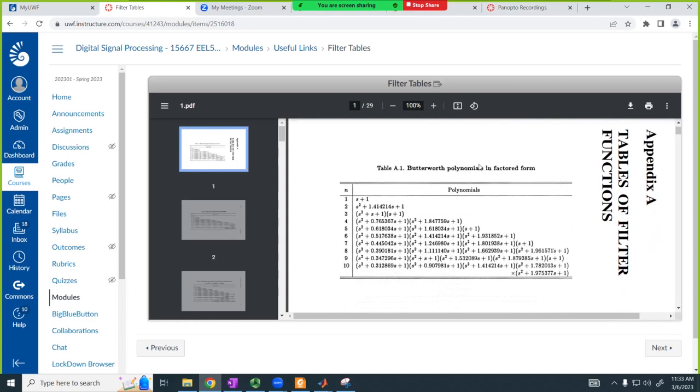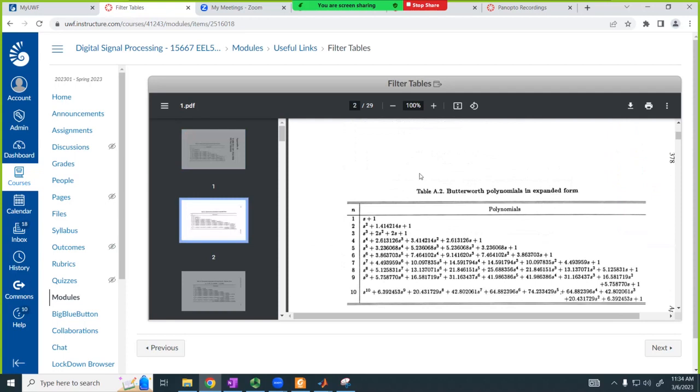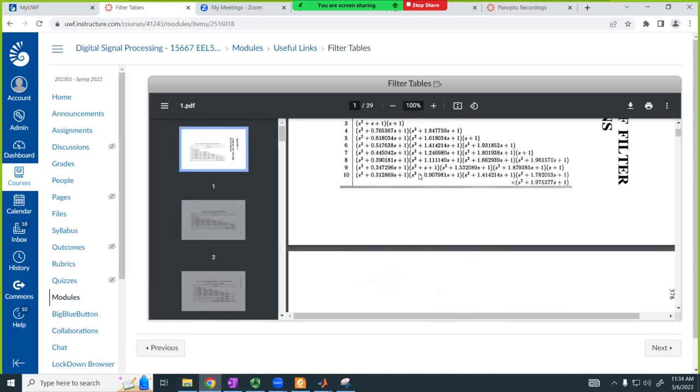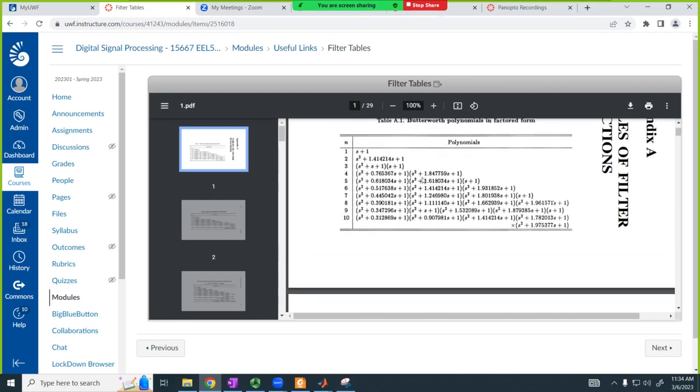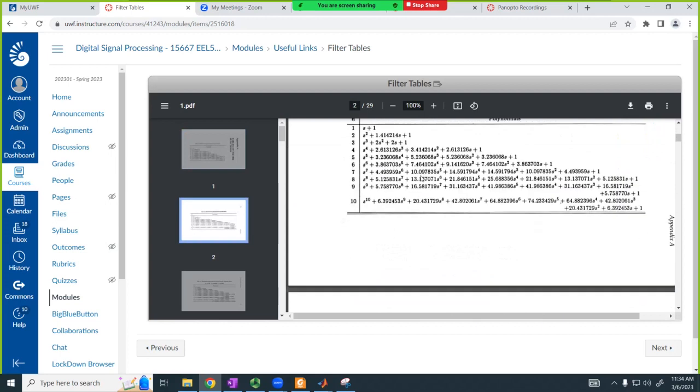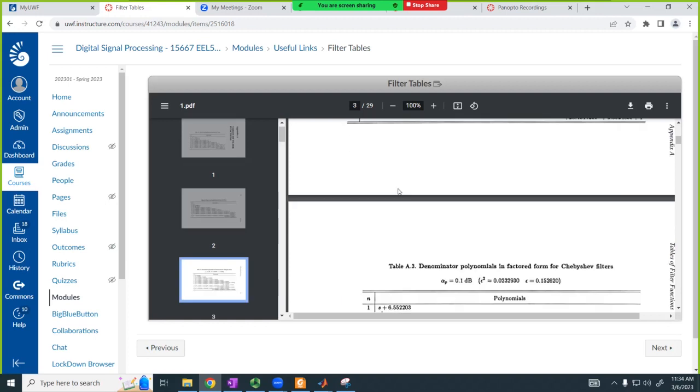So this is the Butterworth polynomial for a second order, s squared plus square root of 2 multiplied by s plus 1, for third, for fourth, etc. Where did they build these tables from? From what we just did. You can get the polynomial from the location of the poles, just like we showed, and then you have the coefficients.